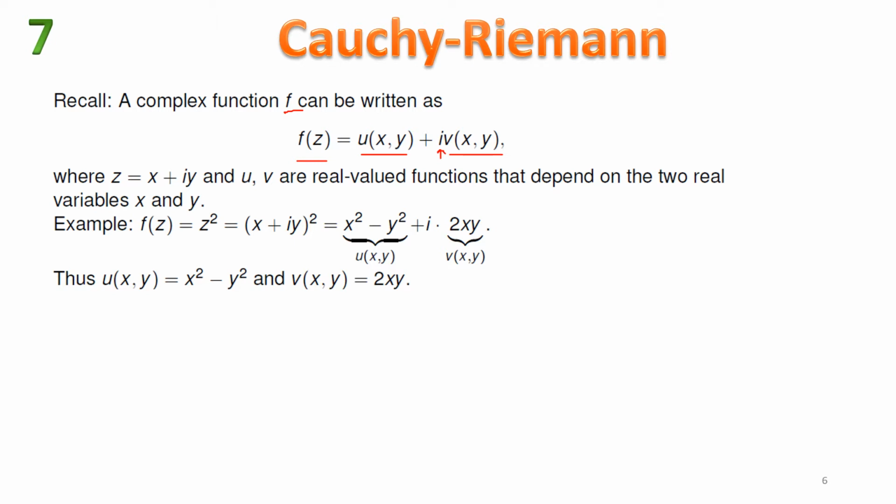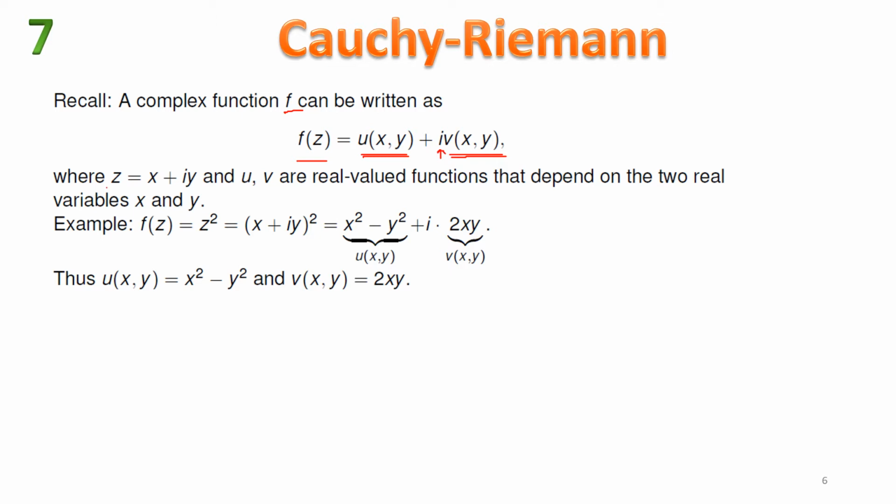So here u of x, y is a function that depends upon variables x and y. And v is also a function that depends upon two variables x and y, and necessarily u and v are real functions that come from real value variables. So v is connected to the imaginary through the multiplication with i.